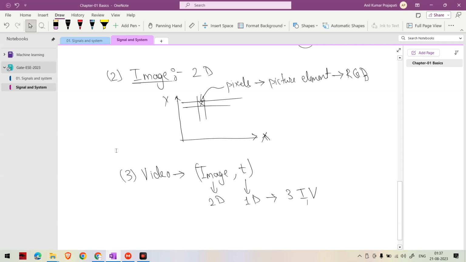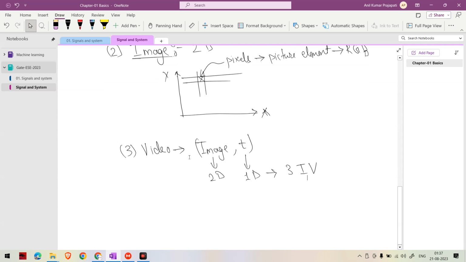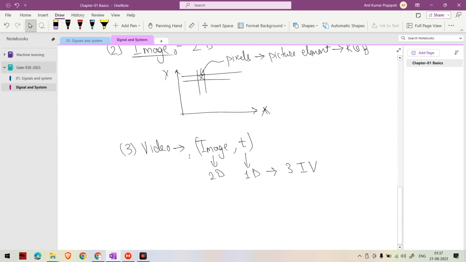Because what is a video? You see different images at different intervals, and that makes a video. So it contains three independent variables, two spatial as well as one time variable.